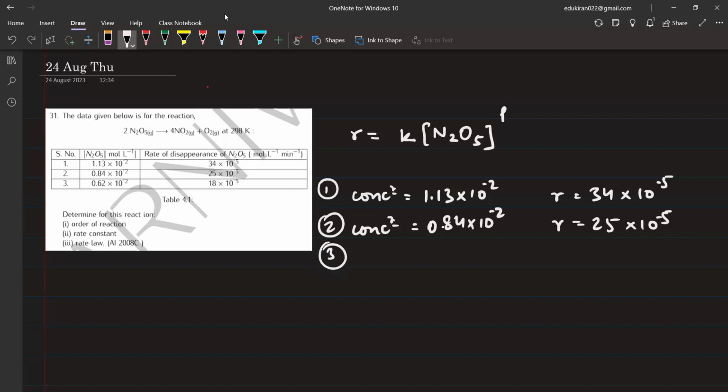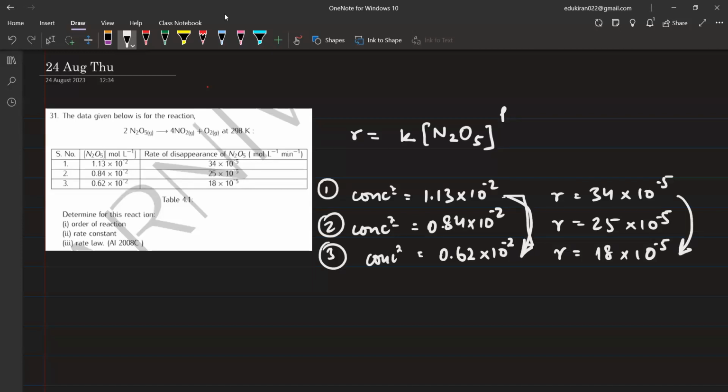Third is, please see, 0.6, sorry, concentration is 0.62 into 10 to the power minus 2, and the rate is equal to 18 into 10 to the power minus 5. Now, from here, we can have some kind of relationship between 1 and 3. If I look at the concentration of the first one and the third one, it is almost going half, right? And as you can see, the concentration is going half and the rate is also going half.